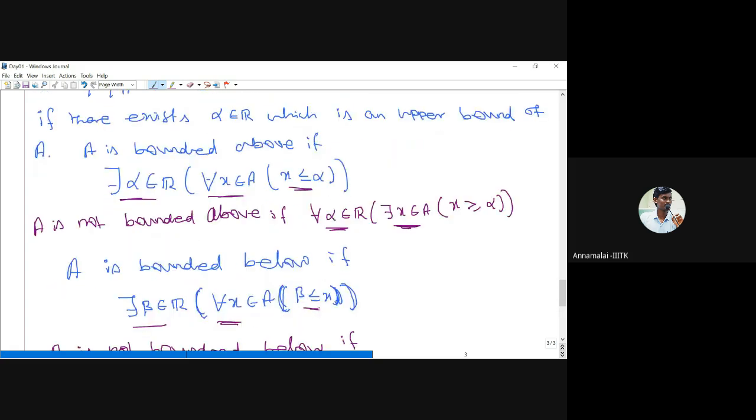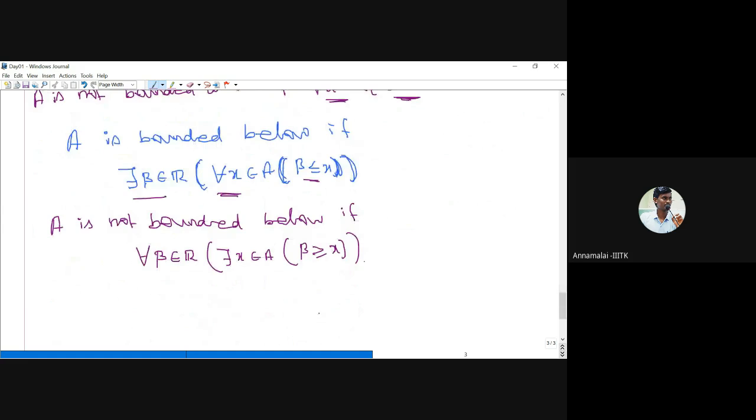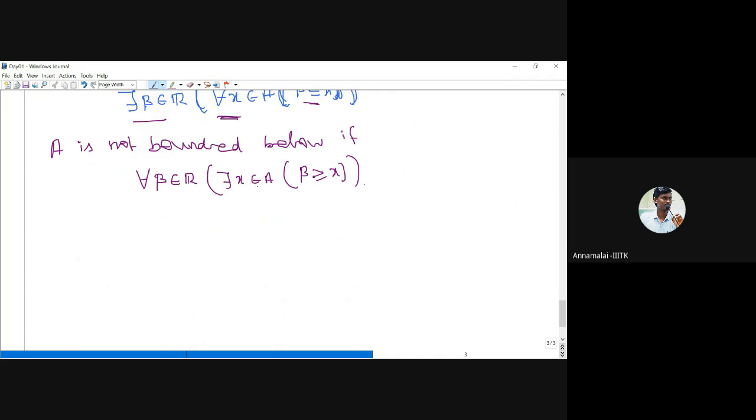So that's why we use the quantifier notation. Now, a set is said to be bounded if it is both bounded above and bounded below. Okay. So next definition: a set A is said to be bounded if A is both bounded above and bounded below.